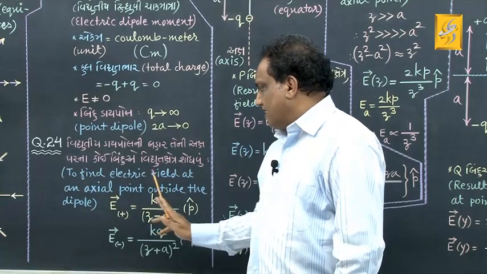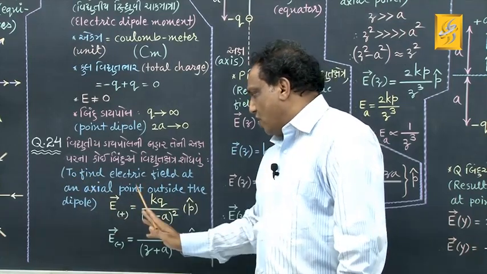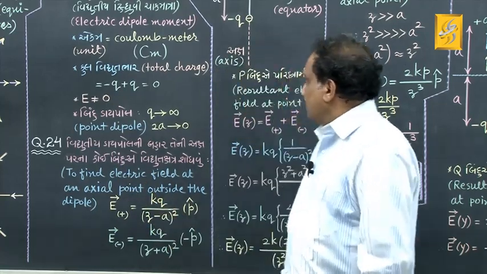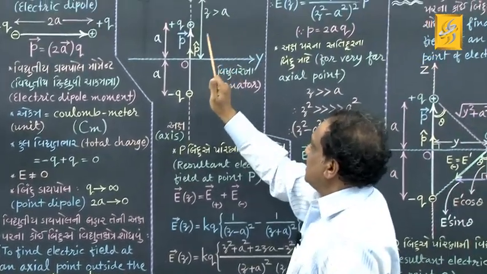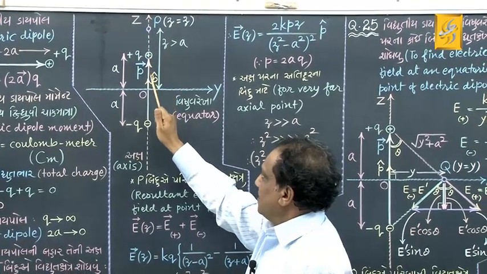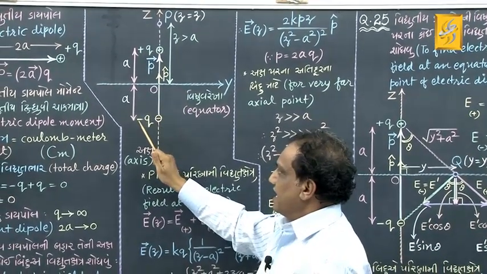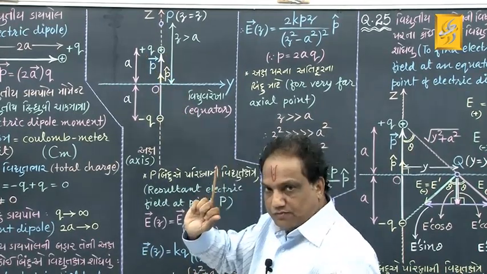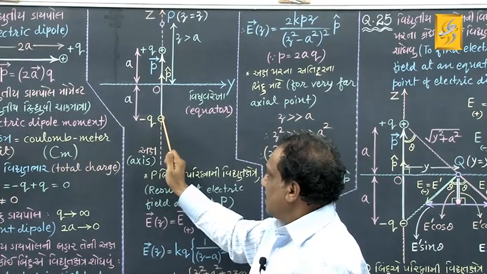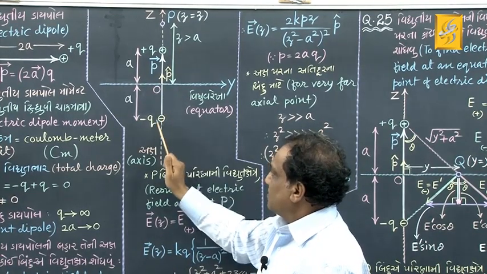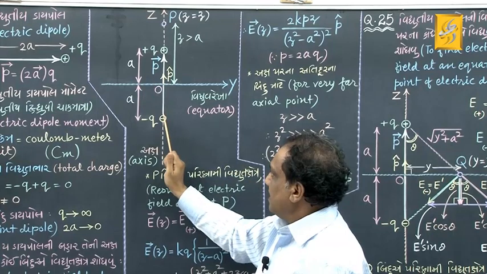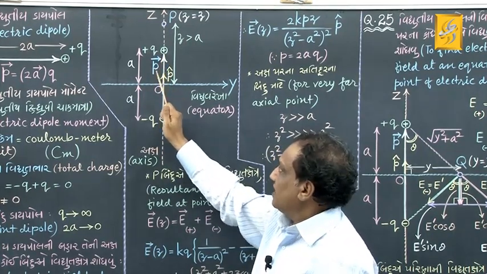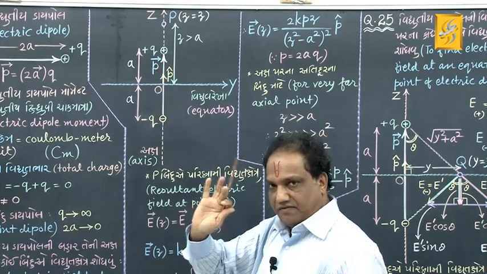To find electric field at an axial point outside the dipole. Okay, I am showing you. Consider this as electric dipole in which this is negative charge minus q, this is positive charge plus q, and this vector I have shown here from negative charge to positive charge is the electric dipole moment, shown by symbol vector p.